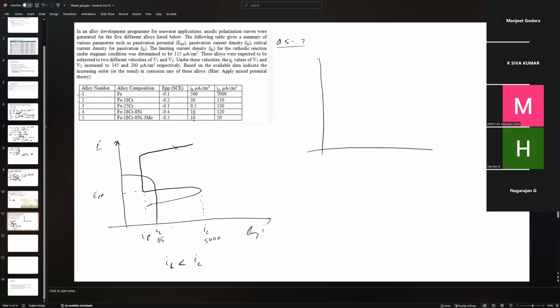The least IP is this one, with a density of 0.5.